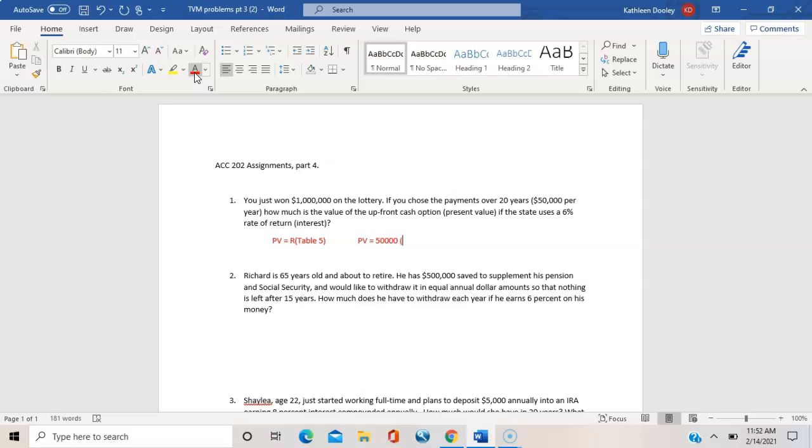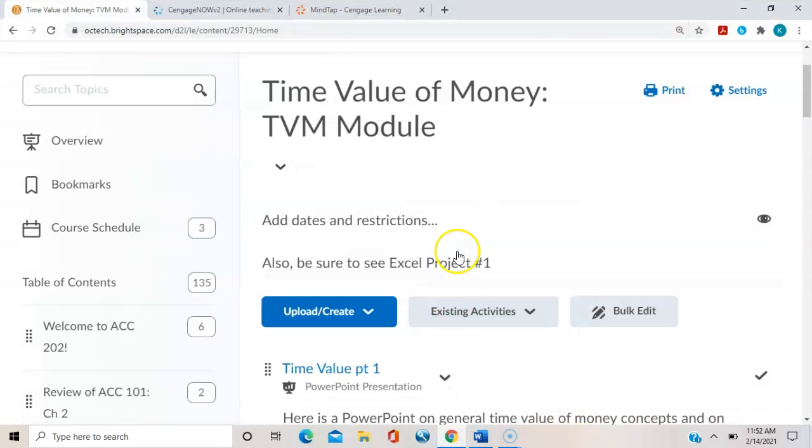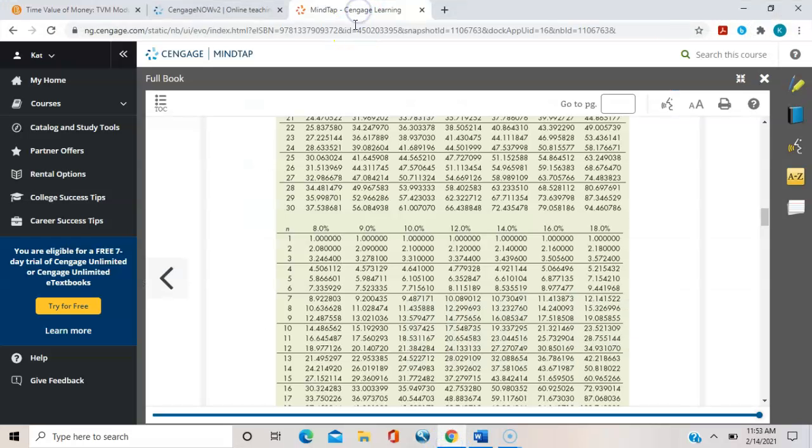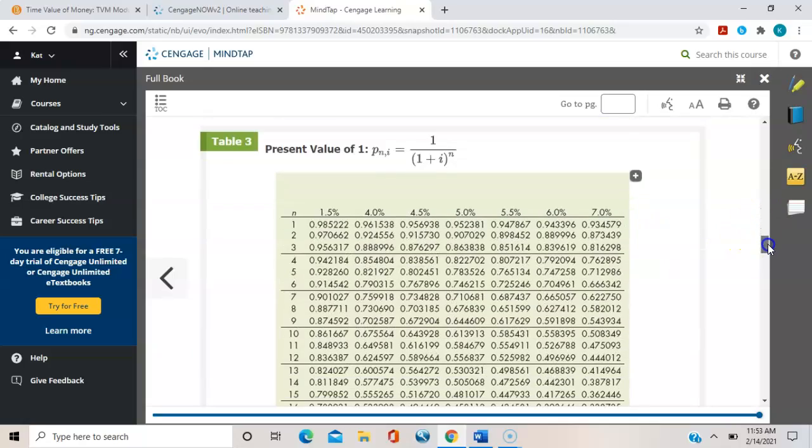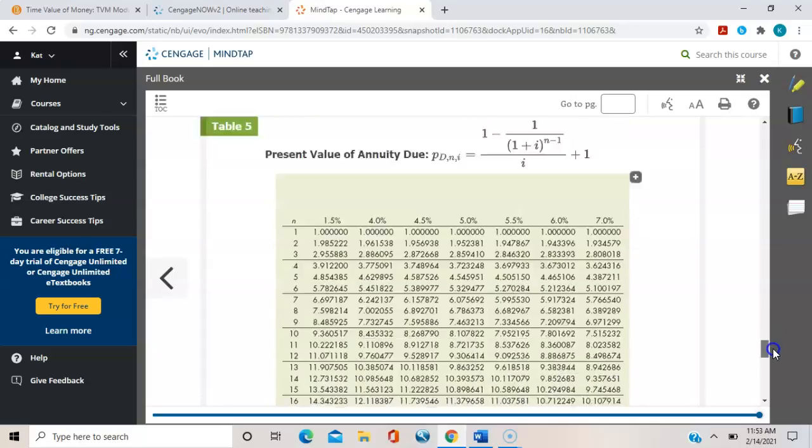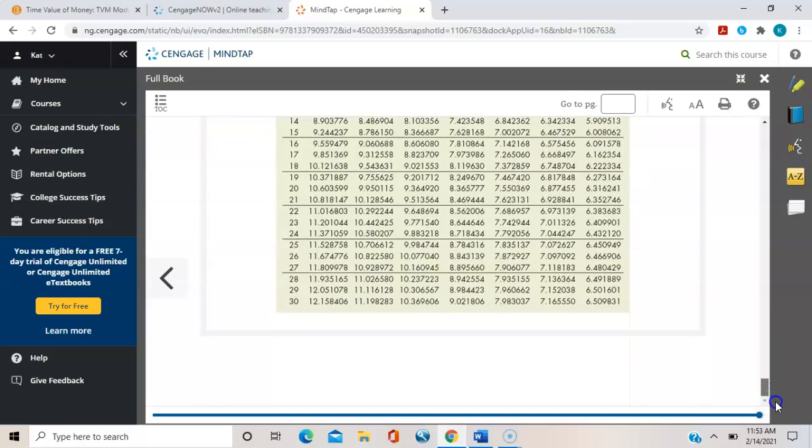Okay, so now we're going to take a look at table 5 for 6% and 20 years. And we'll find table 5.